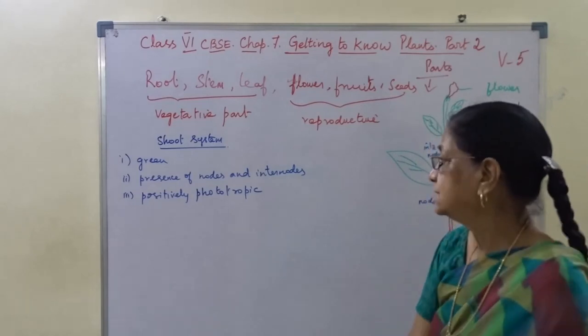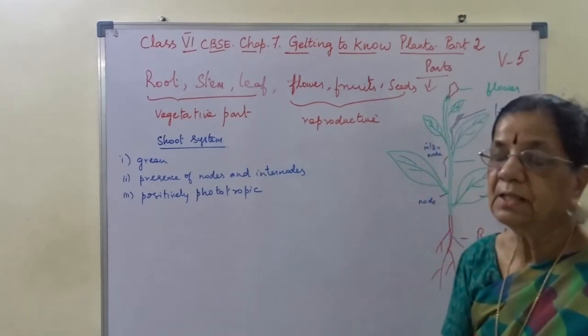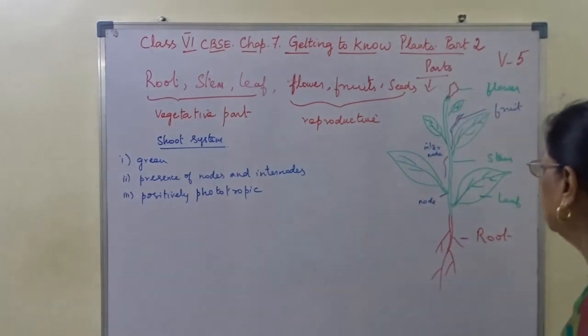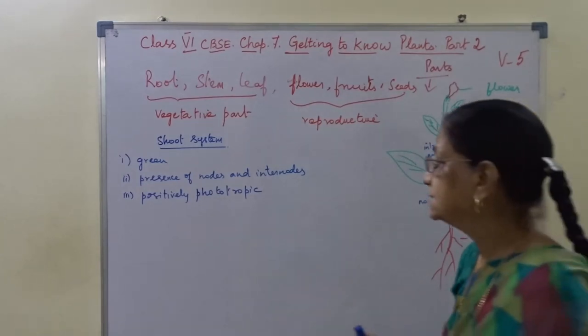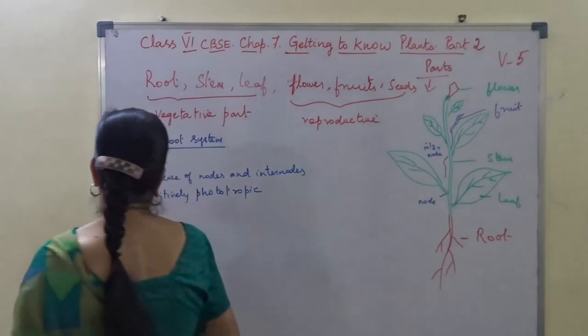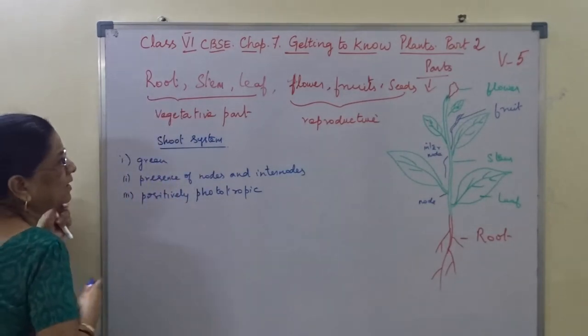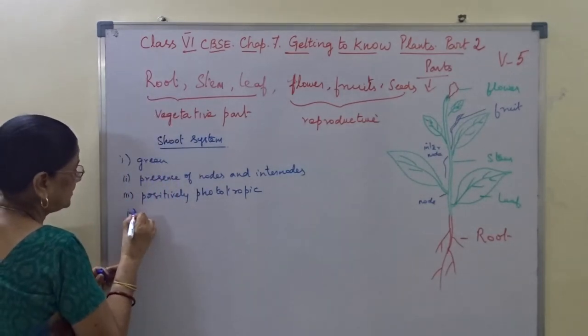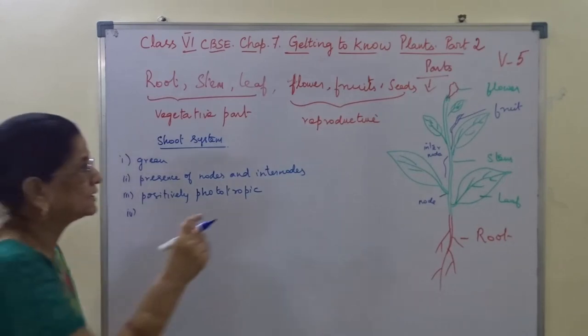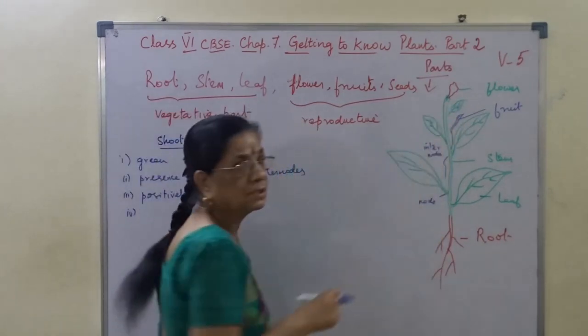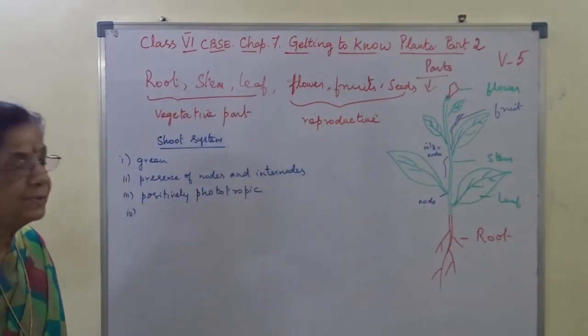That is positively phototropic. And then presence of nodes and internodes. And then at the tip of the stem, where does it end? It is the shoot apex. This portion is called shoot apex.